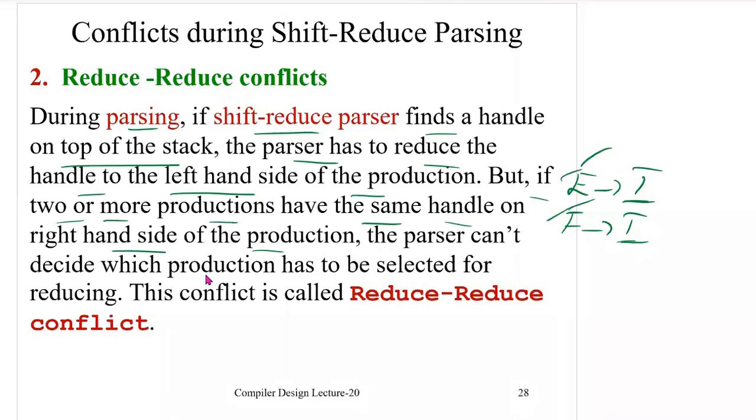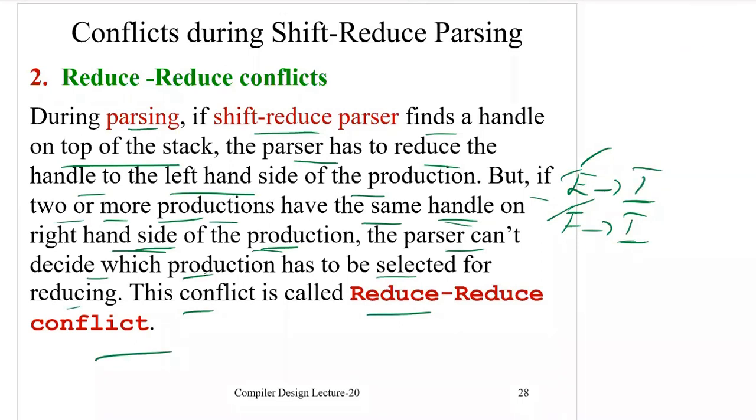Which one is going to be substituted? This difficulty is called a reduce-reduce conflict. If two or more productions have the same handle on the right-hand side, the parser can't decide which production has to be selected for reducing.